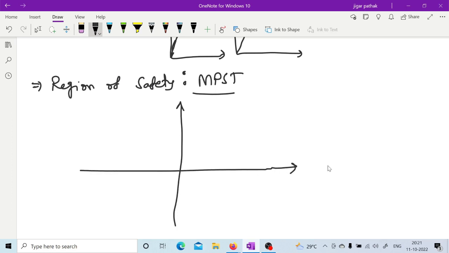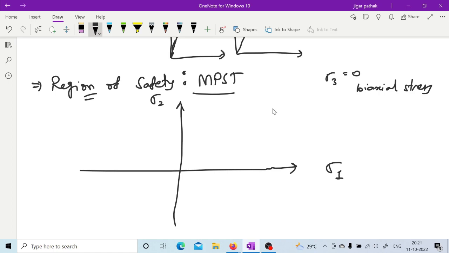We are considering sigma 3 as 0, so we are considering a biaxial state of stress, and for that we are plotting this region of safety according to maximum principal stress theory.